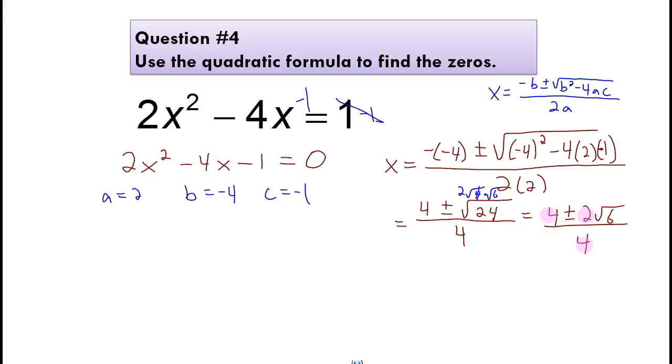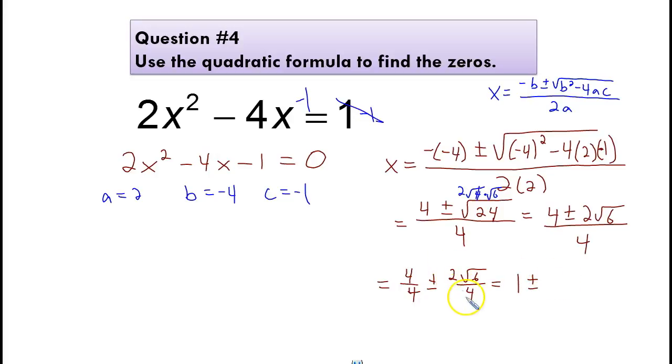What I'm going to do as I solve this problem is I'm just going to go ahead and break it into 2 fractions. Okay, so I'll have 4 over 4 plus or minus 2 root 6 over 4. So that I can go ahead and say 4 divided by 4 is positive 1.